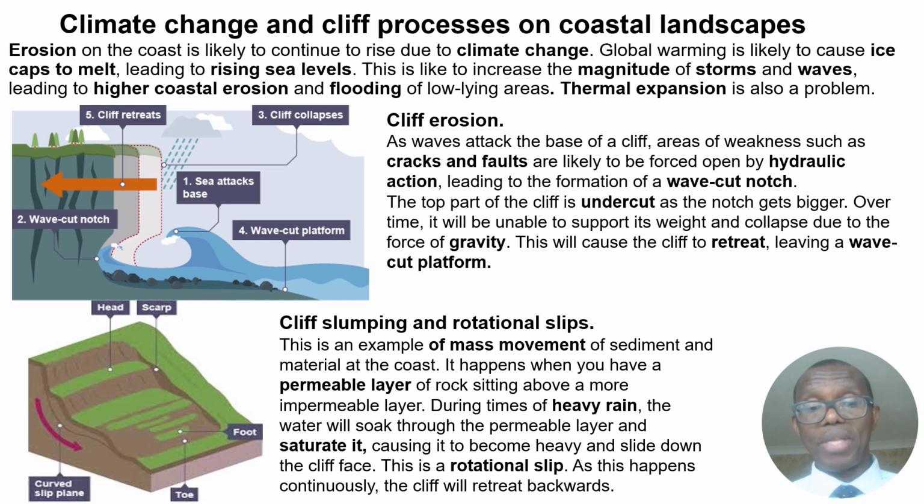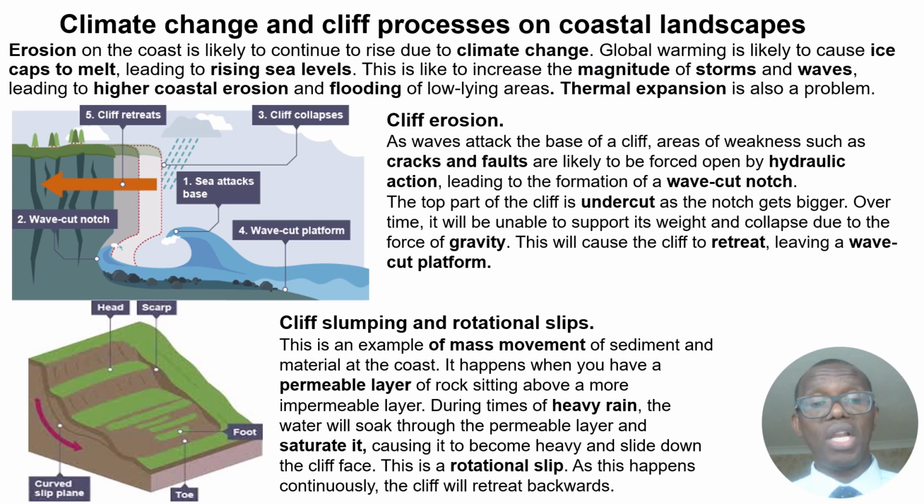Now as that happens, this top part here of the cliff is going to be undercut because it will not have any material below it to support it, and over time that particular undercut area is likely to collapse here into the sea. And as that happens, the cliff face is going to keep retreating back as the process continues to repeat itself.